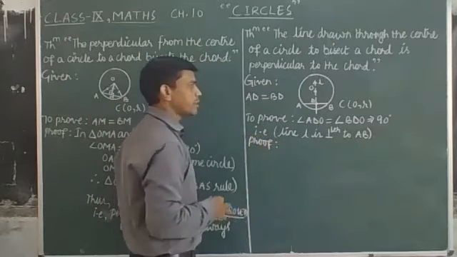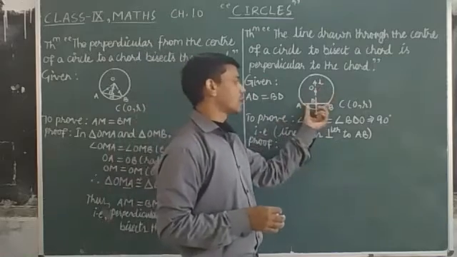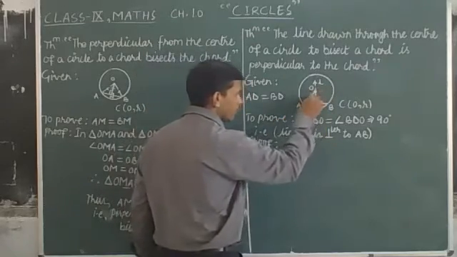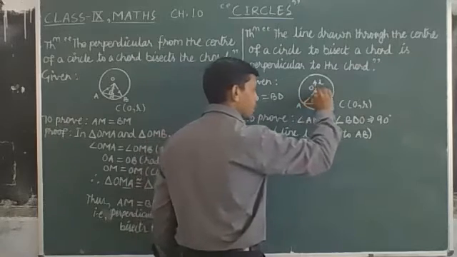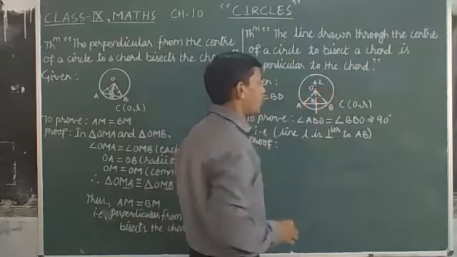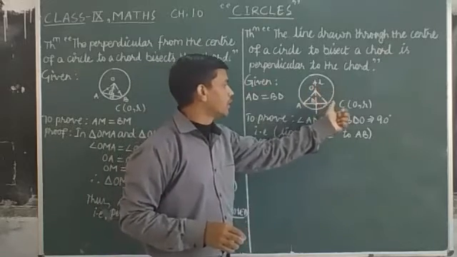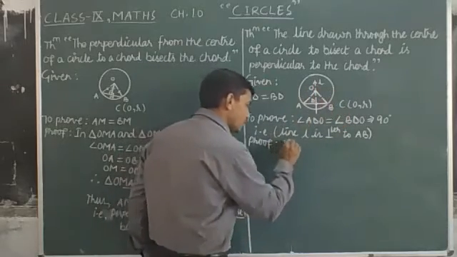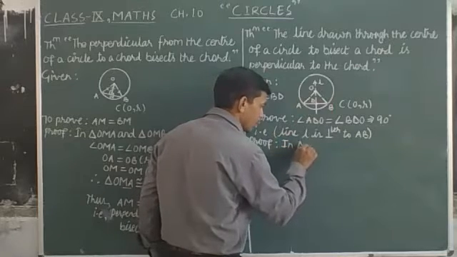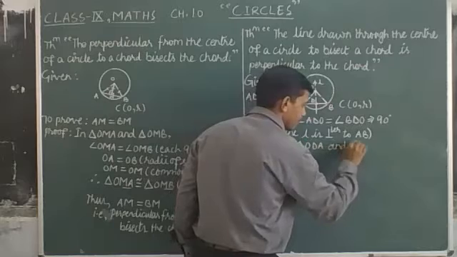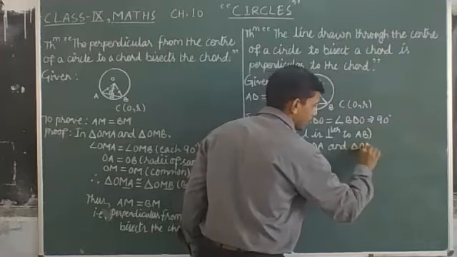In order to prove it, we have to join center O to the extremes of chord AB. So we join center O to A and B. And now we observe triangle ODA and triangle ODB.